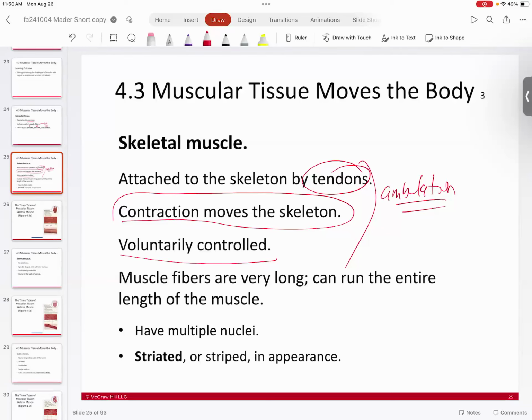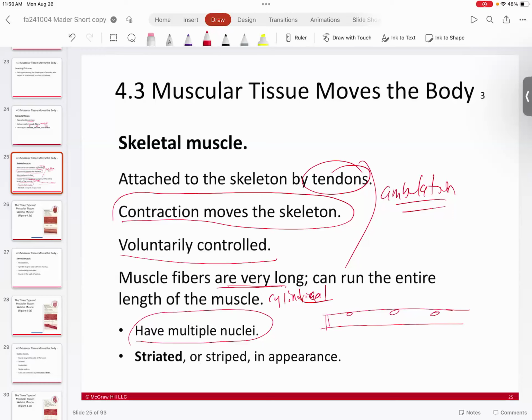Typically, in skeletal muscle, the muscle cells can be very long, running the entire length of a muscle, and they also tend to be very cylindrical. They can have multiple nuclei, and they can also be striated, or striped, in appearance.